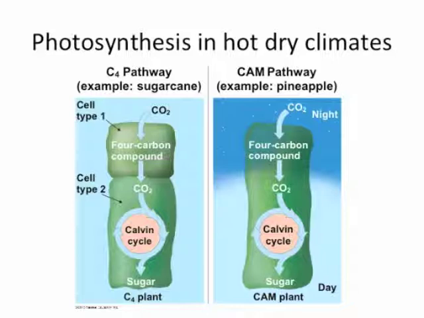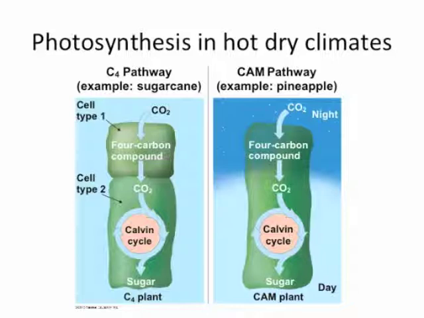And so the light reactions don't occur in cell 2, and there's no oxygen buildup in cell 2. There's no depletion of carbon dioxide because they constantly feed that cell with CO2 coming from this 4-carbon compound. So a C4 plant, like sugarcane, takes carbon in a separate cell than it does the Calvin cycle.